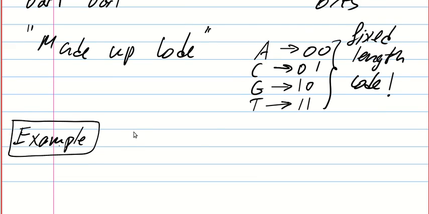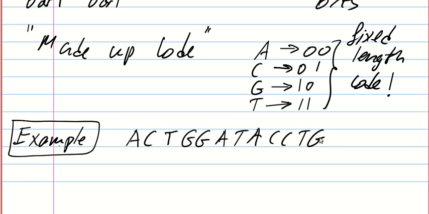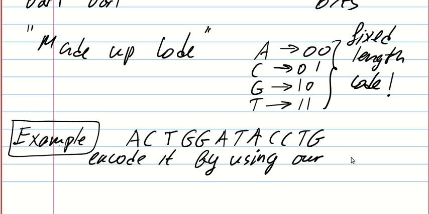So first example, if we have A, C, T, G, G, A, T, A, C, C, T, and G, the assignment says encode it using our made-up code.